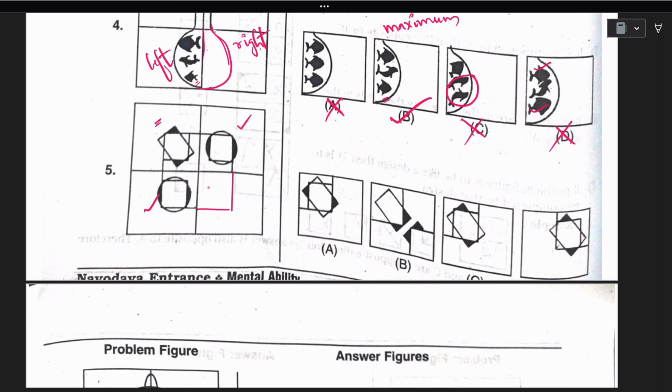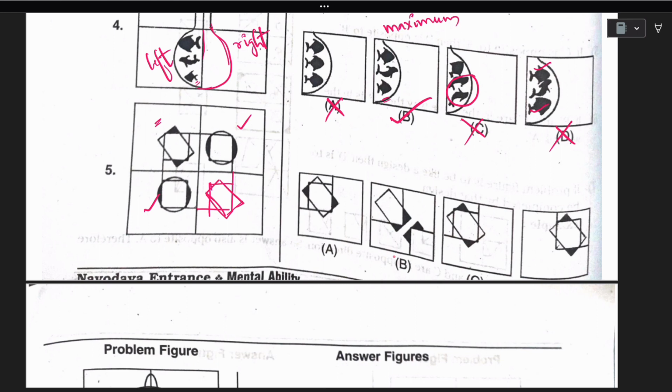Here we are having a figure like this, and then this goes like this, and internally we have a square here, right? And that square is starting from here and it will go like this.